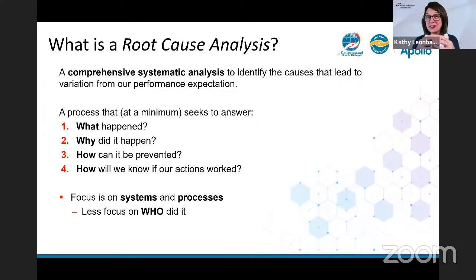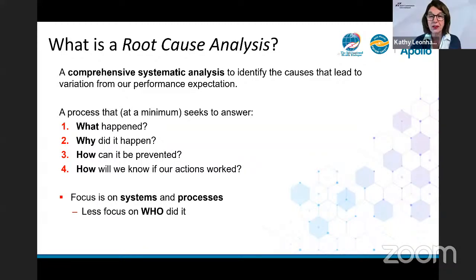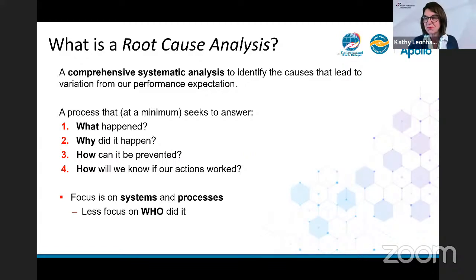Because we know healthcare is complex and there's multiple systems at play, even when we're talking about one process or one event. And we're trying to identify that variation or deviation from our norm, what our standard is. It may be variation in the process. It may be variation in following the process that leads to that unexpected goal, what we want for the patient, which of course is no harm. So RCA, the term, actually is misleading because it implies that there is one root cause.